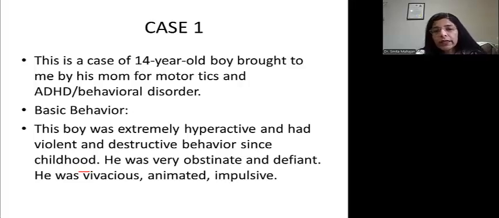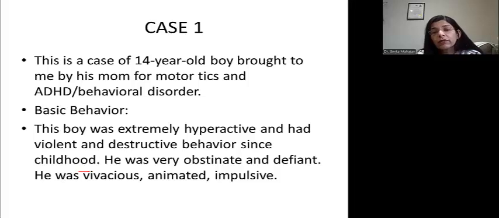He was very obstinate, very defiant, vivacious, animated and impulsive. When he came to the clinic, we could easily observe that he was very vivacious. He was not shy and talked with me very openly. His talks and gestures were animated, and his mother told me that he is very hyperactive and destructive as well.